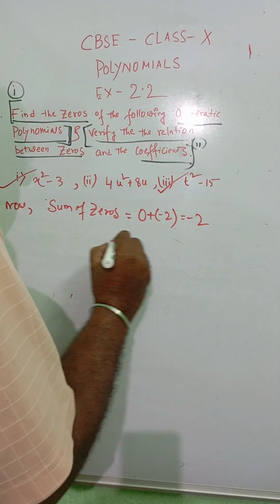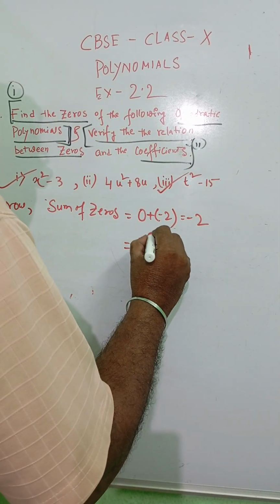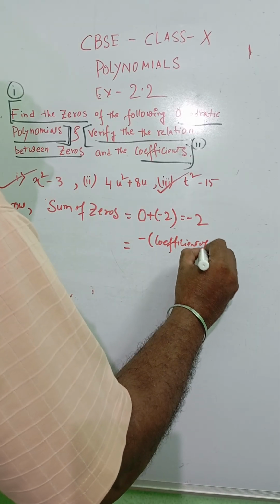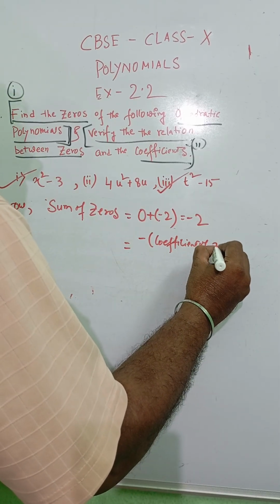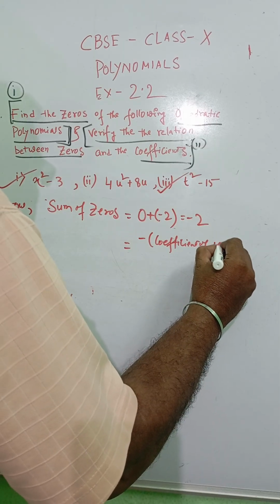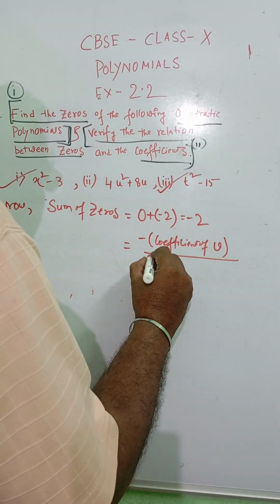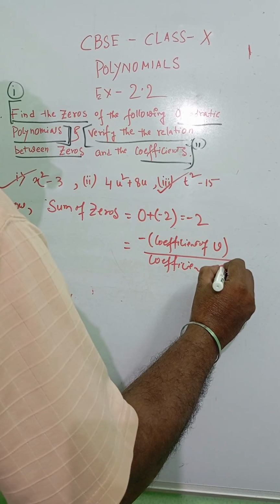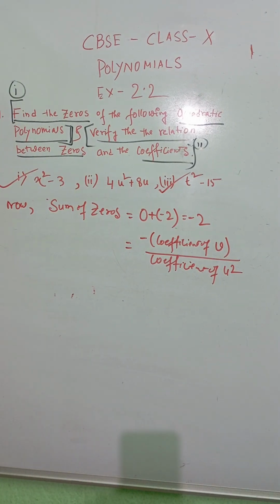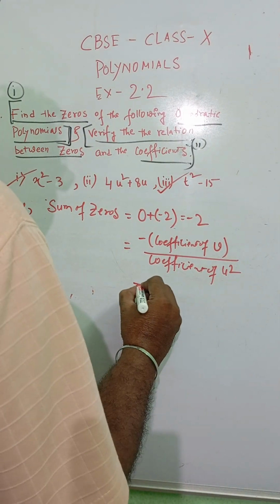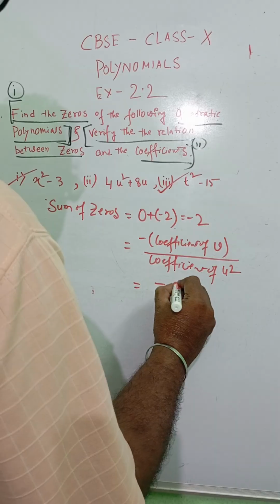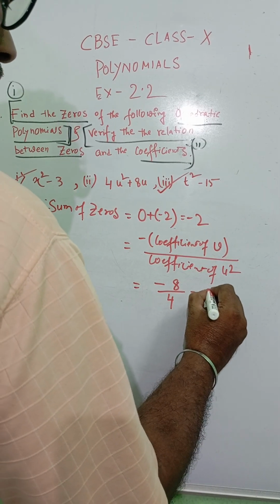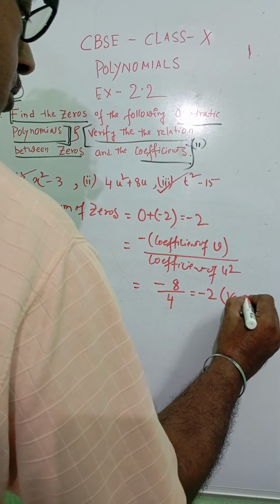And again, sum of zeros is equal to minus coefficient of u by coefficient of u square. Now what is the coefficient of u? It is 8, so minus 8 by 4, that is minus 2.